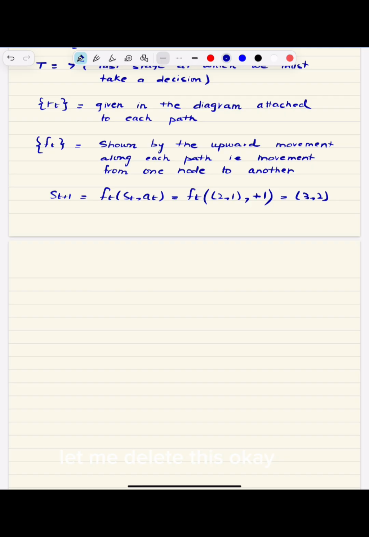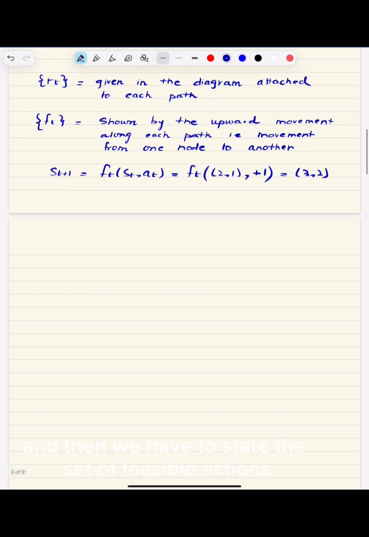Okay, let me delete this. Then we have to state the set of feasible actions. Remember, in a question like this, if you don't state all of these elements, then you won't get any marks.